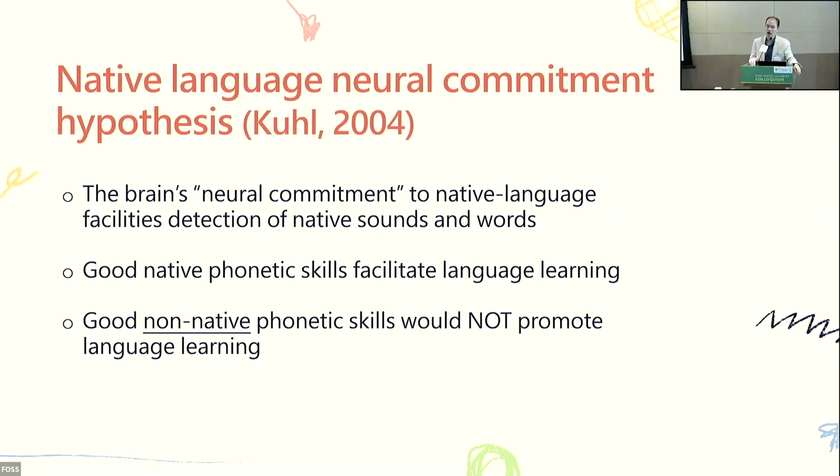If early on the child's brain learns that its neurons should only pay attention to the speech of the native language, then according to Pat Kuhl, that child's language development will be better. That's why it's called the native language neural commitment hypothesis. It's early commitment from the child's brain to the child's native language.